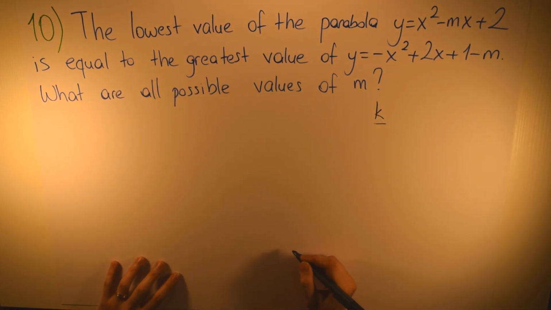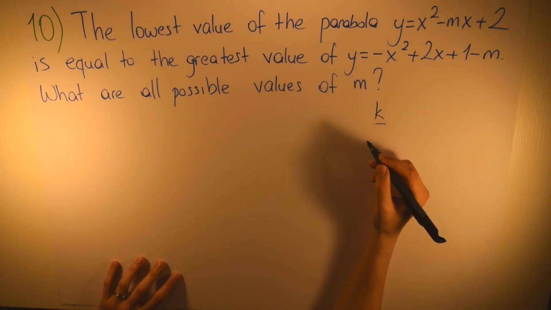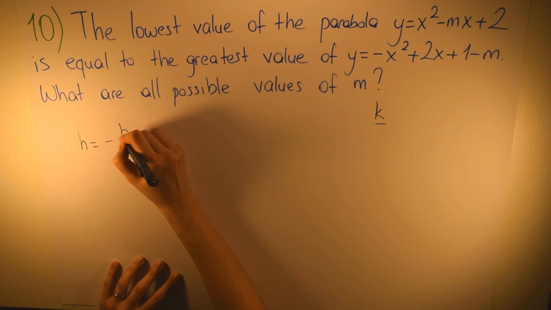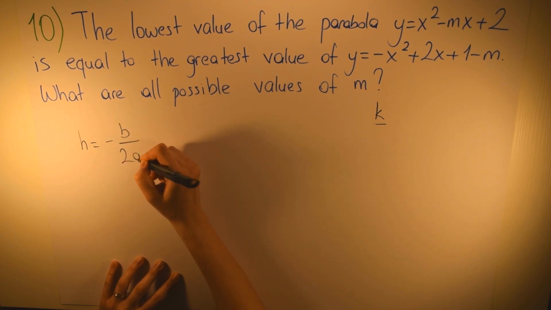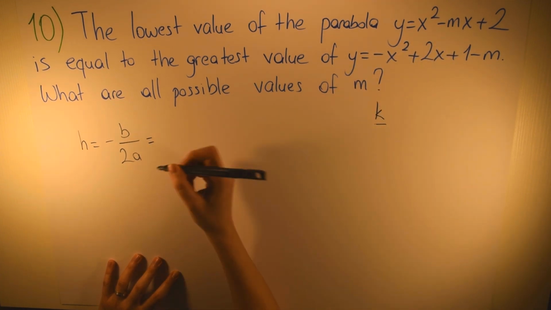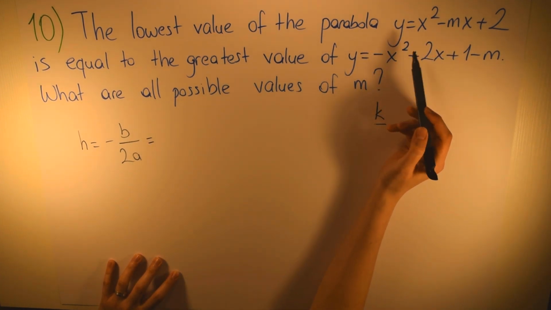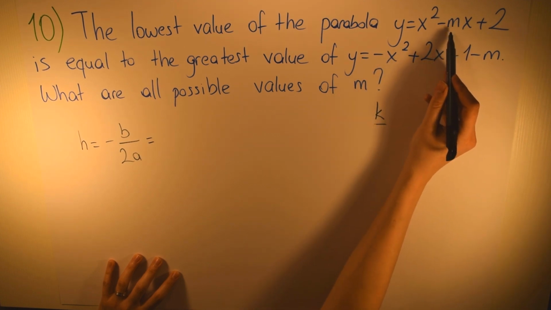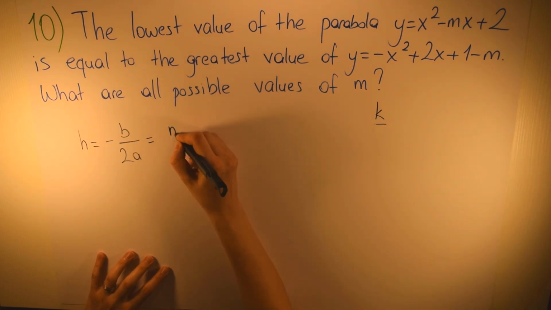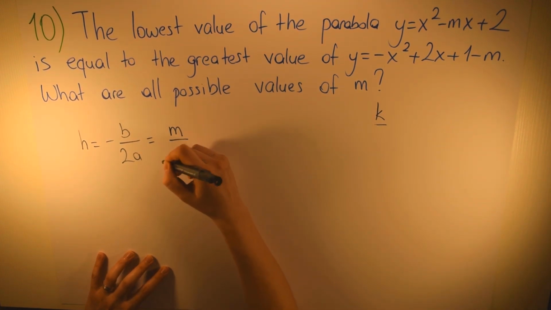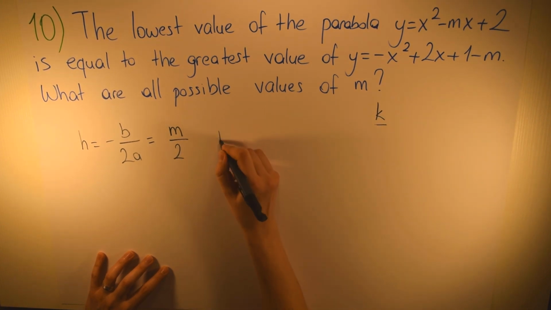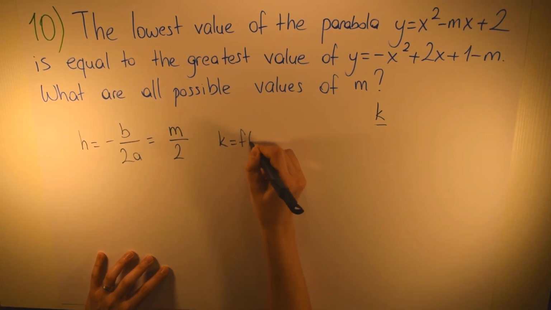So let's do that. To find the value of k, first I need to find the value of h, which is equal to minus b over 2a. In this first equation, our value of h is equal to minus b over 2a. b is equal to minus m, and minus times minus becomes m, over 2a. a is equal to 1, so m over 2. So the value of k is equal to f(h).